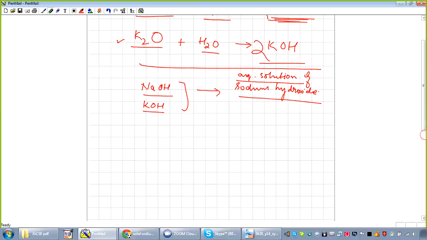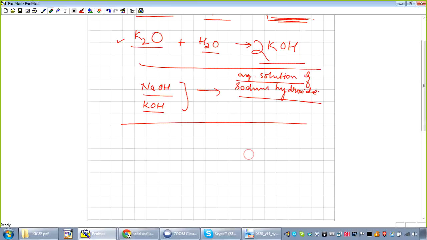That is, bases are either oxides or hydroxides of metals. If they are soluble in water, then they will form an alkali. If they are insoluble in water, then they will be simply bases but not alkalis. So all alkalis will be bases, but all bases may not be alkalis. Clear?